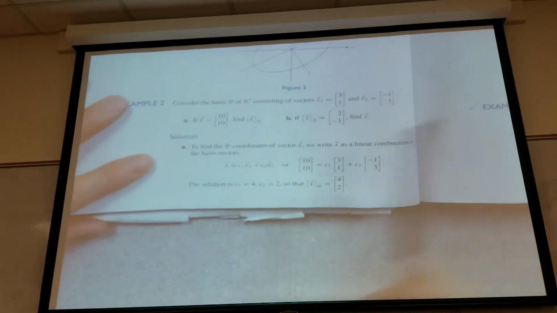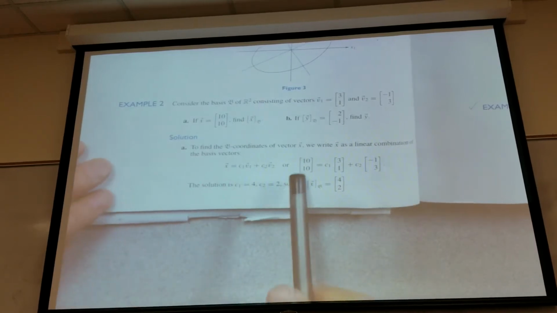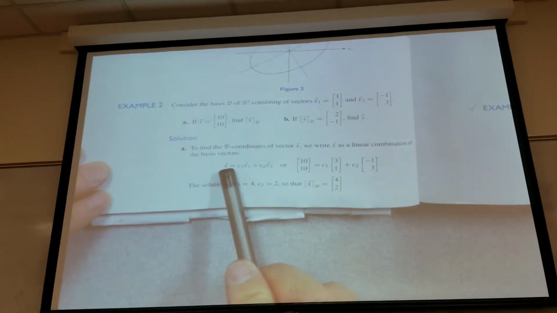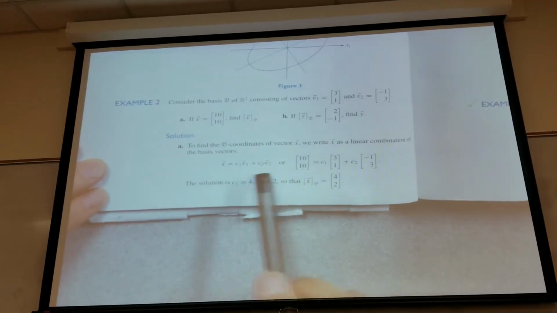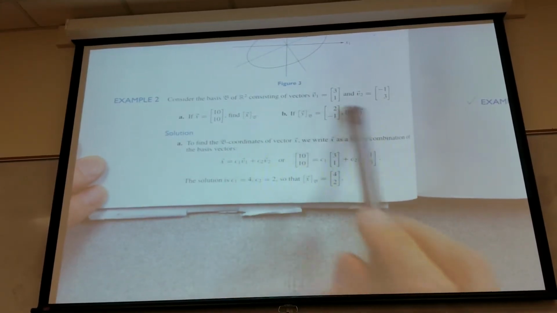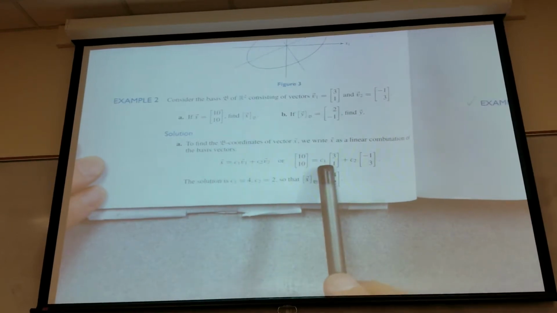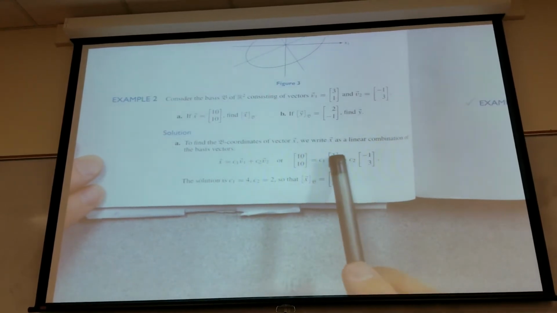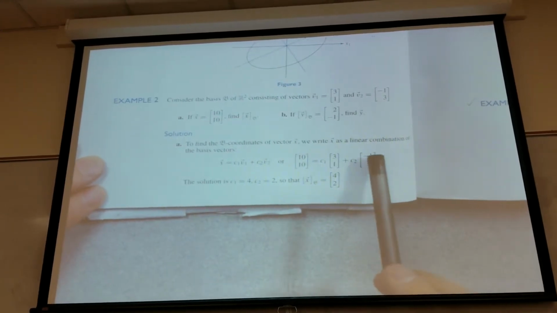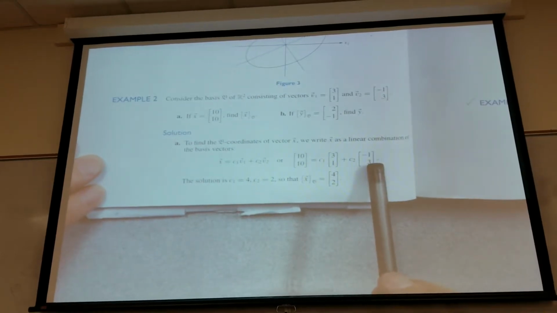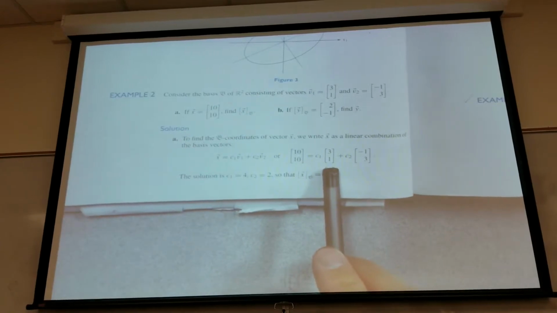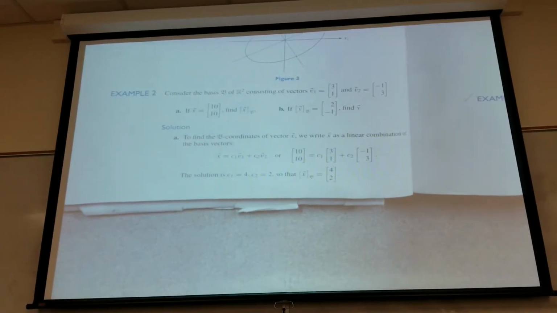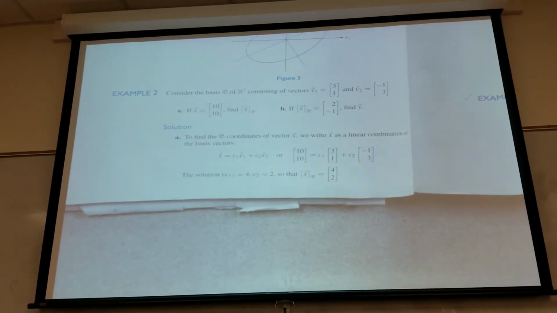So for the first one, that's what we did. You write your x, which is 10, 10, as a linear combination of V1, V2: C1 times 3, 1, plus C2 times minus 1, 3. So you need to solve this either by augmented matrix, what we just did, right?